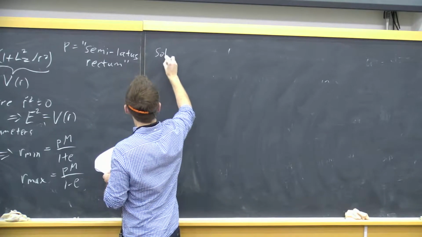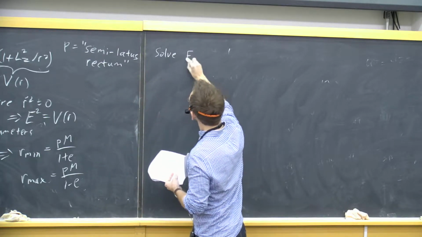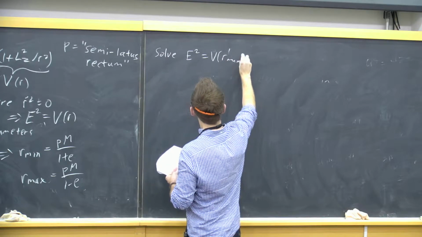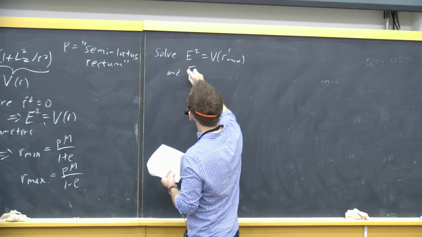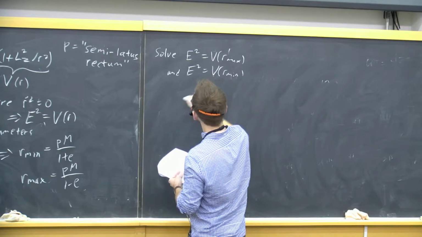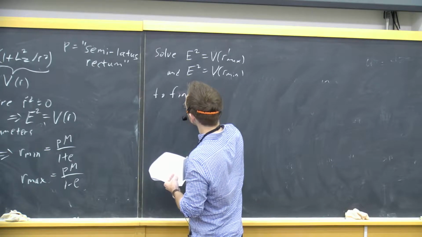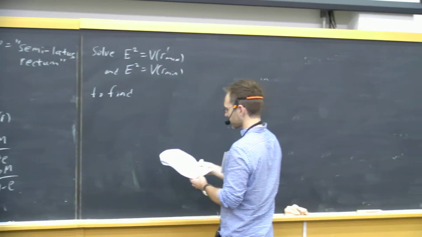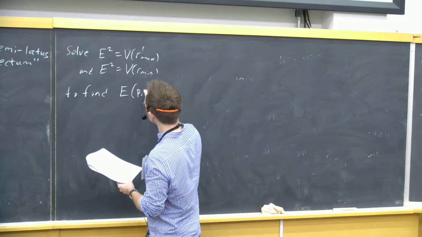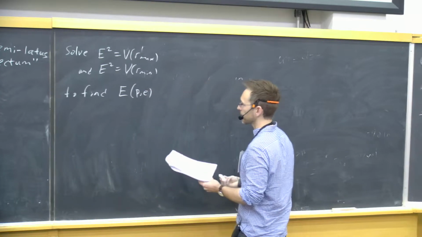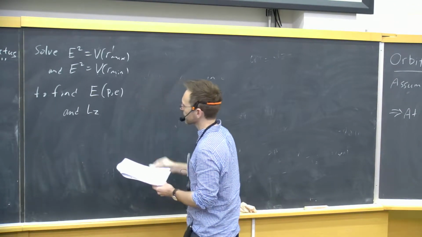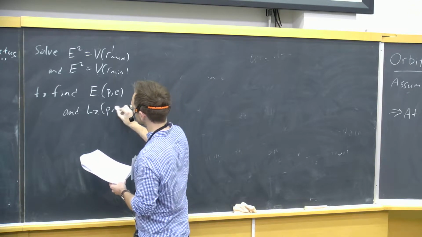So we solve E squared equals V of R max and E squared equals V of R min to find expressions for the orbital energy in terms of these two parameters P and E, and the angular momentum of the orbit in terms of those two parameters.